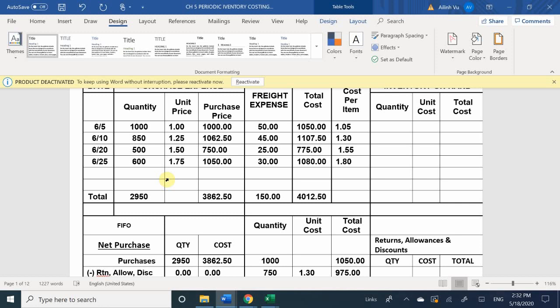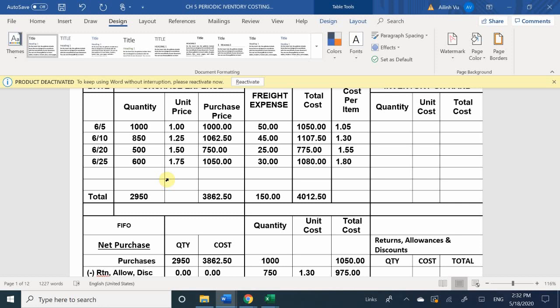So using that concept, we only need to sell 1,750. The first one is already 1,000, so we don't need to calculate that one. But we want to sell 750. We have 850, which is way too many to have in order to sell 750. So we calculate each cost per item, which is $1.30, because we want to cover the cost of the freight as well.